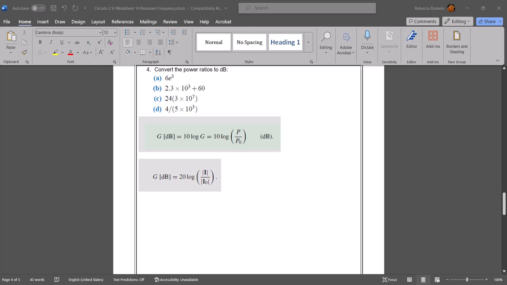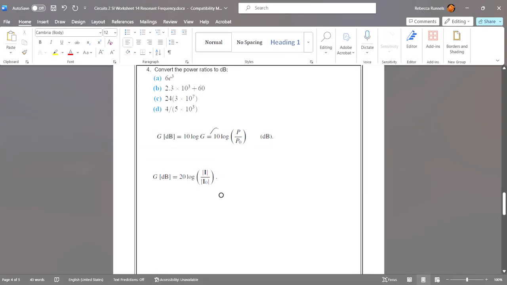So when we do Bode plots, we're going to use these logarithmic ratios, and whenever you're using decibels, you'll have a scale factor for whatever kind of units you're looking at.